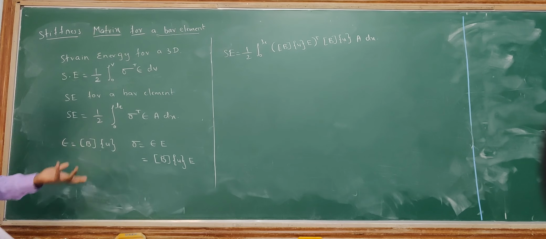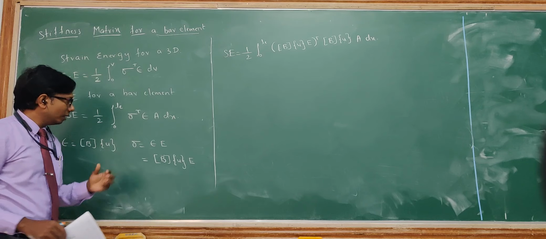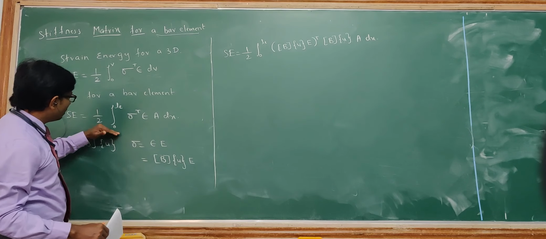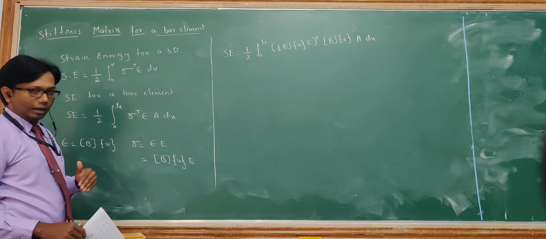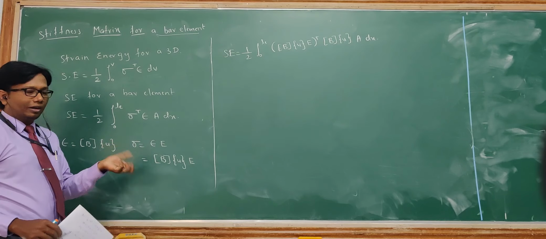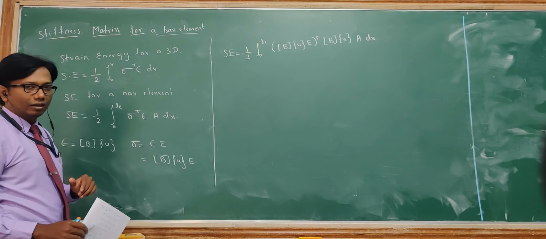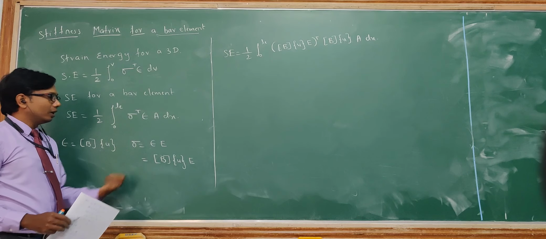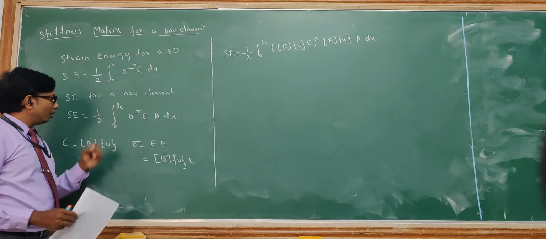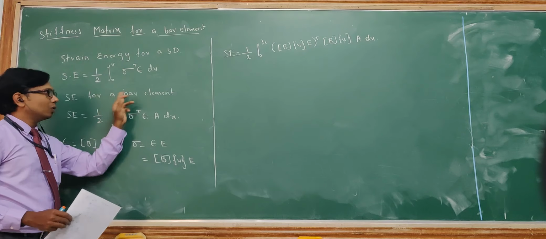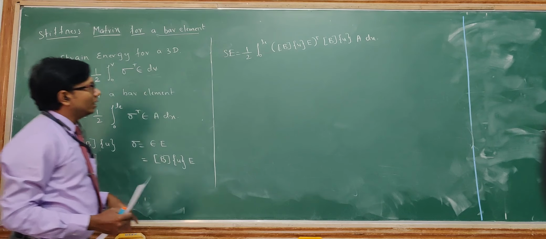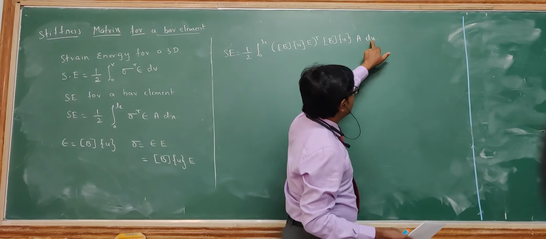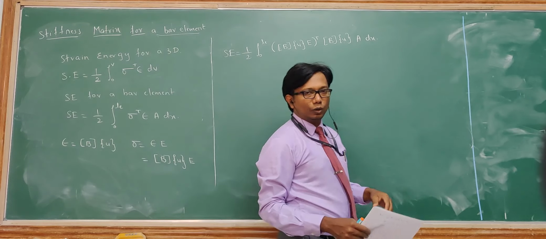Here the limits are 0 to LE, so every time you have to put the limits with length. Instead, I will convert it into the zeta parameter, where the integration becomes -1 to +1. So dx can be easily converted into d zeta.